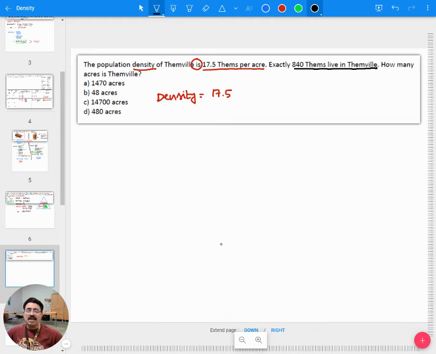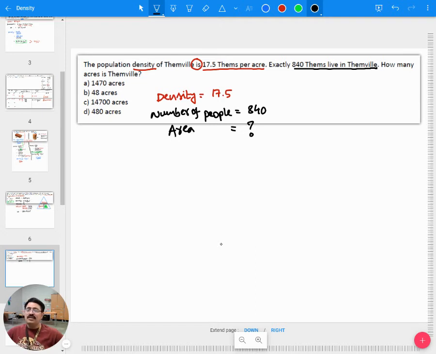This is the number of people who are living, which is 840. How many acres is Thamville? Which means you are asked to find the area of the location.